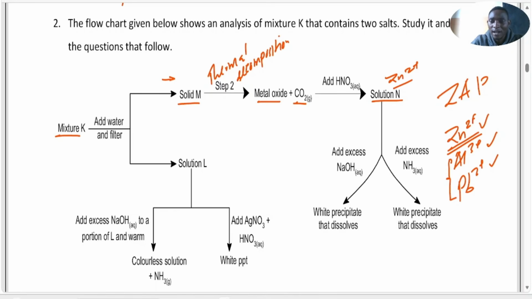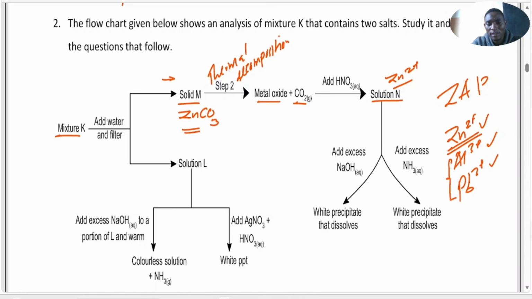So these zinc ions automatically take us back to solid M, because we noted before that solid M is a metal carbonate, so solid M is going to be zinc carbonate. That is the analysis that we have done.